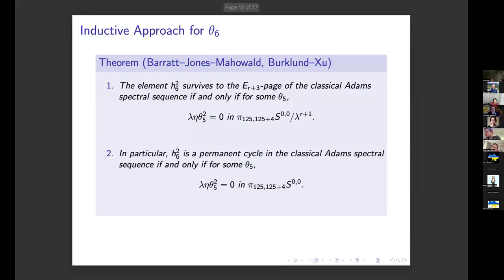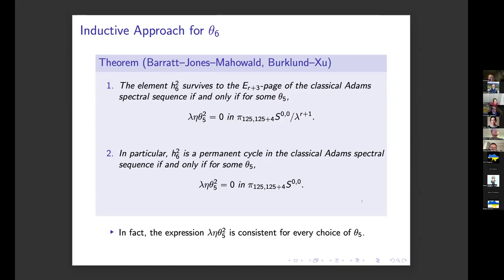And in particular, it is a permanent cycle if for some theta 5, this expression is 0. So one thing you see from the proof is that this expression, regardless of the choice of theta 5, is consistent in the synthetic homotopy groups.